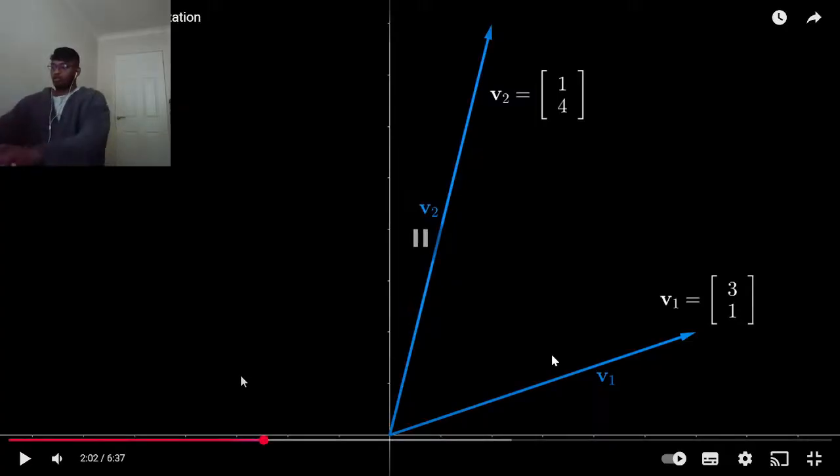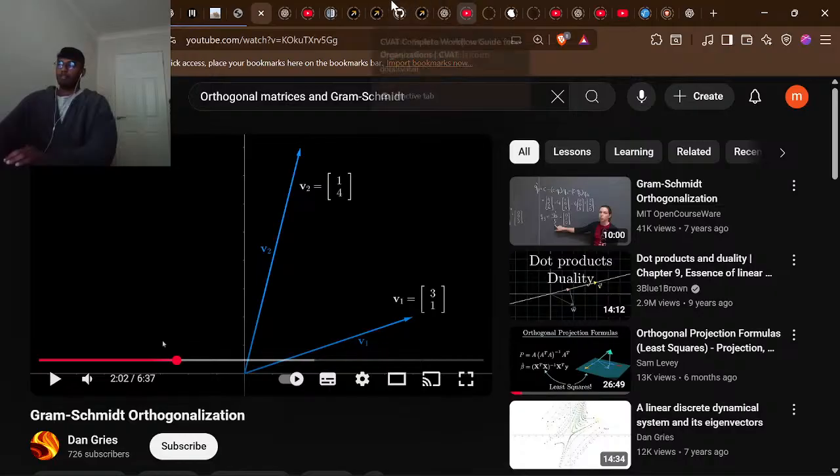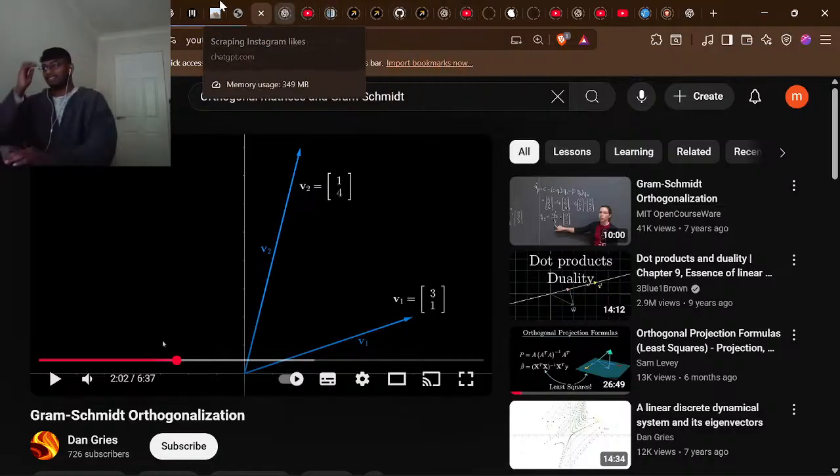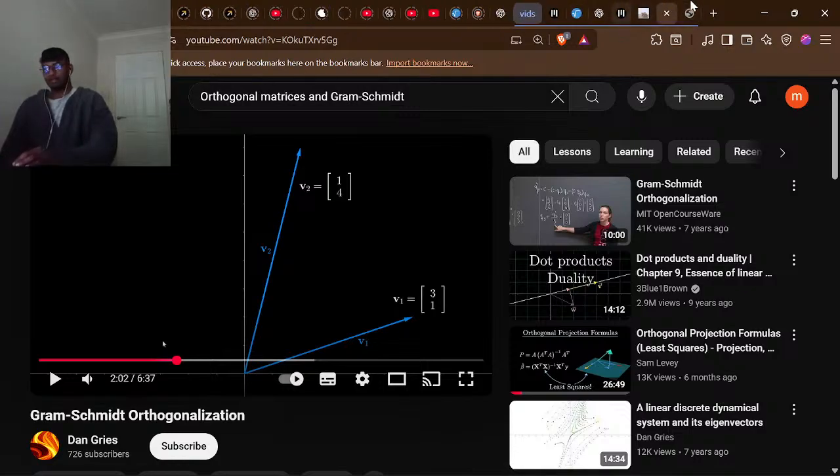Those are indeed a... What is orthogonal? Bro, I have so many tabs open. It's crazy. Let's get this here.